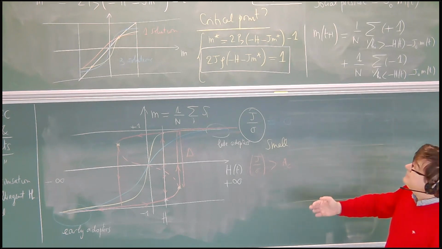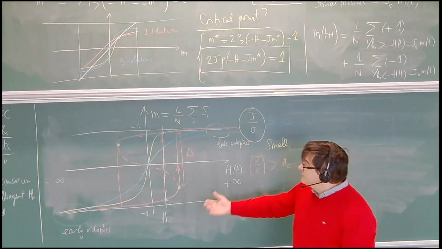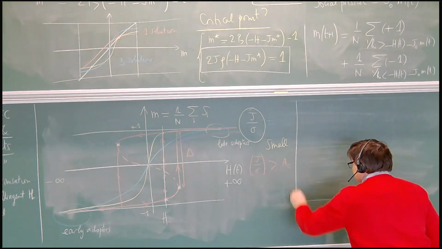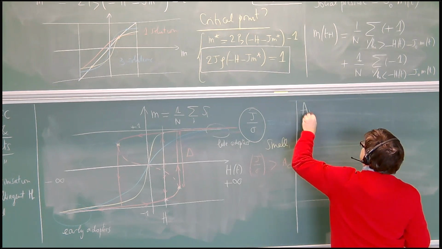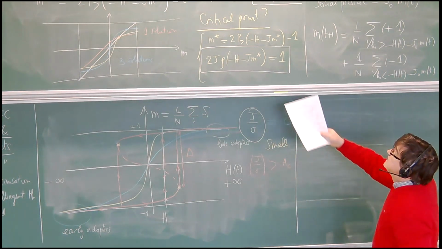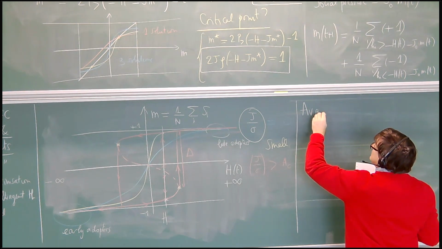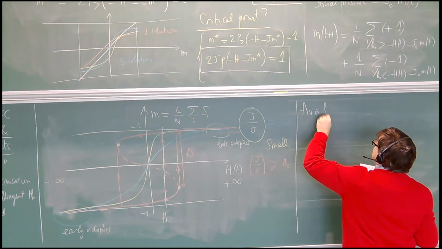But these people, by flipping, encourage other people to flip as well. The question is whether this is going to be limited to small clusters, or is actually going to give rise to a full avalanche. So let me explain why this criterion is exactly telling you that there's an avalanche of infinite size in the system.